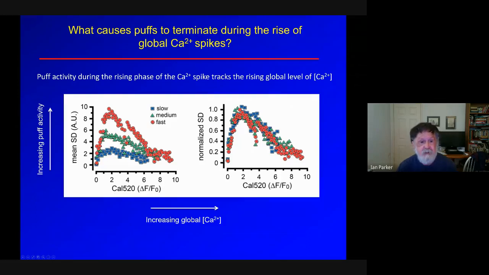If we just replot these data, but now normalize the same peak, they all lie on pretty much the same relationship. So our first thought was, maybe the puff activity is being determined by the global bulk calcium level. Maybe the puffs are terminating as the calcium level goes high.